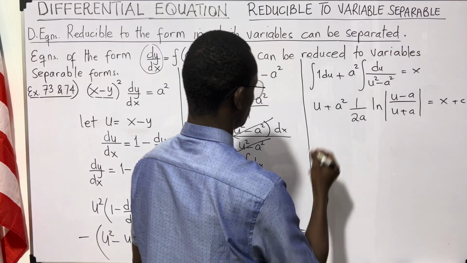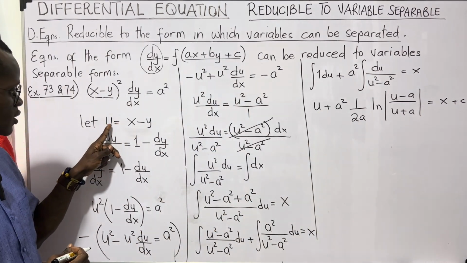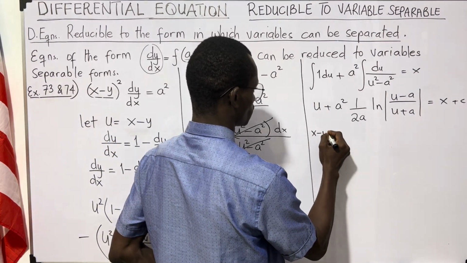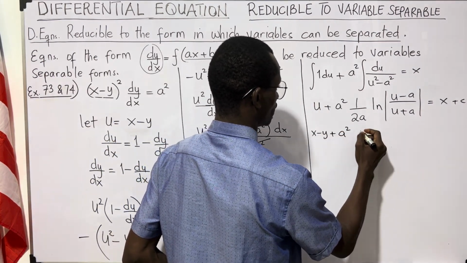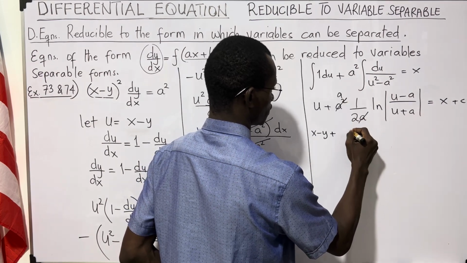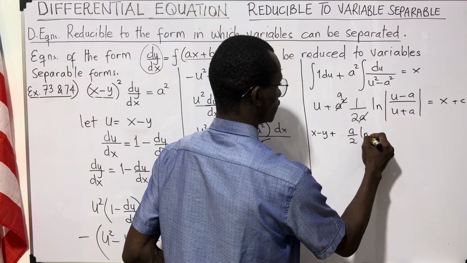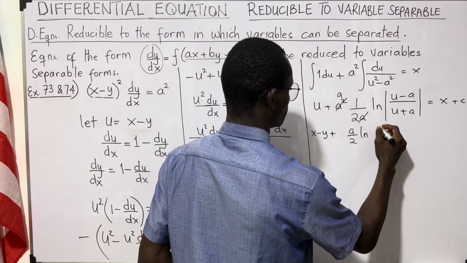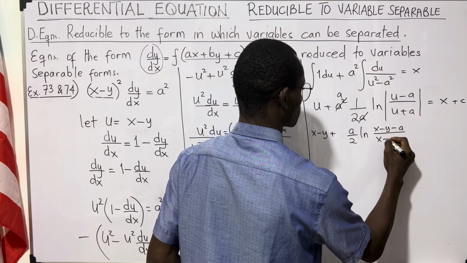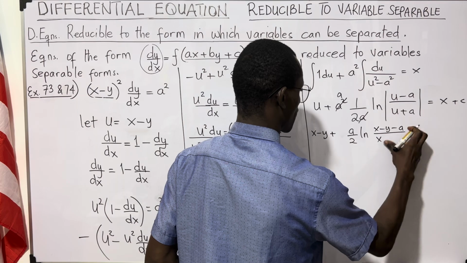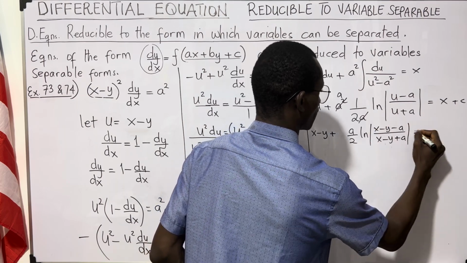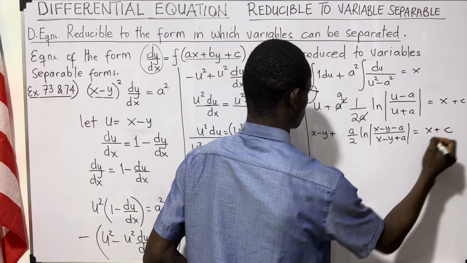We further simplify. What is our u from the onset? U was x minus y. So this is x minus y plus a squared. Now this a can cancel 1 from here. So we'll just be left with a over 2 the ln of u, now x minus y minus a, all over x minus y plus a, and then equals to x plus c.